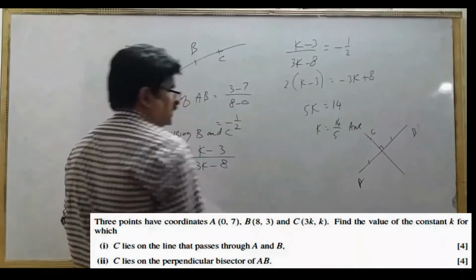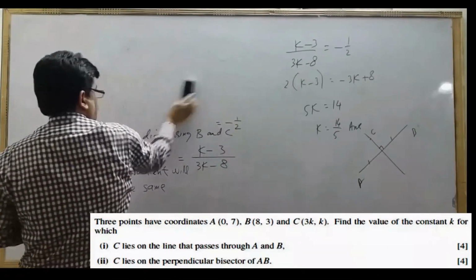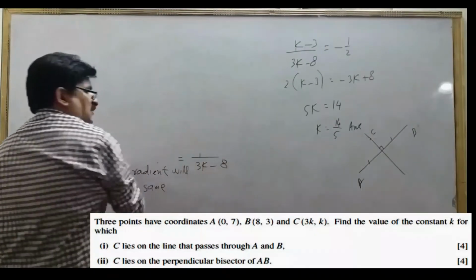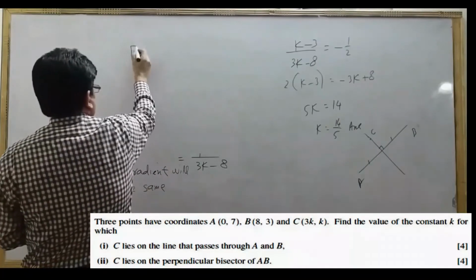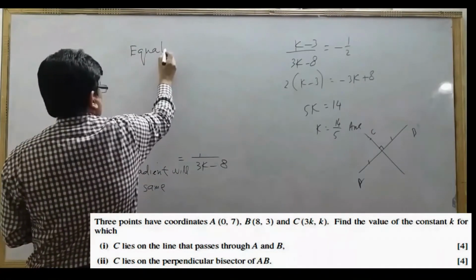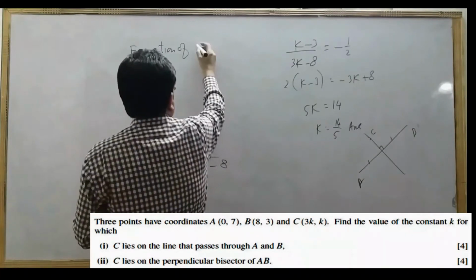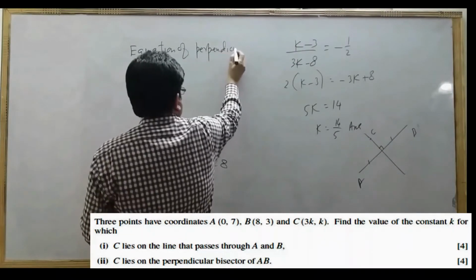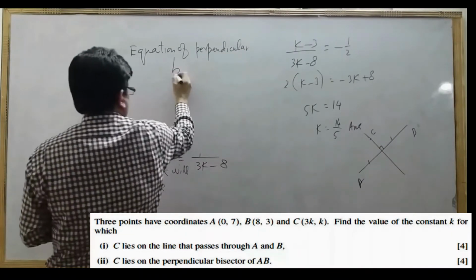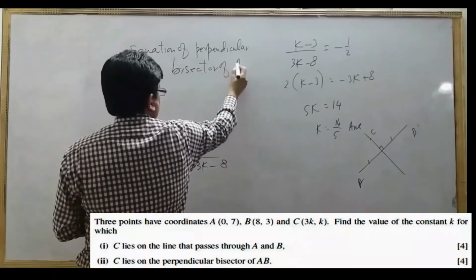So firstly you will find the equation of the line AB, and then the equation of the perpendicular bisector of AB.